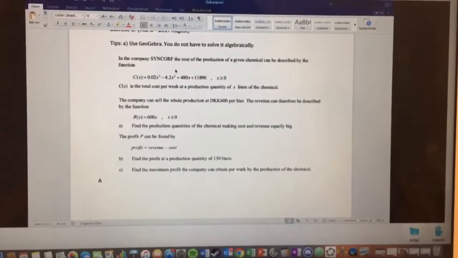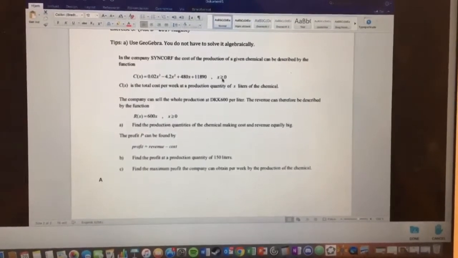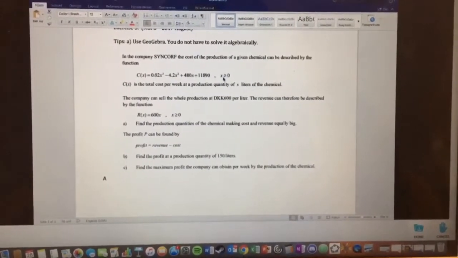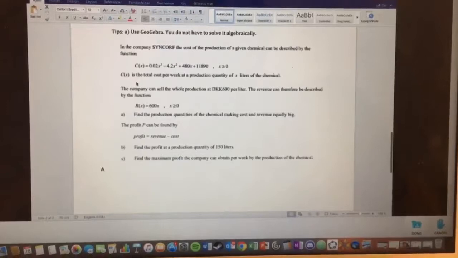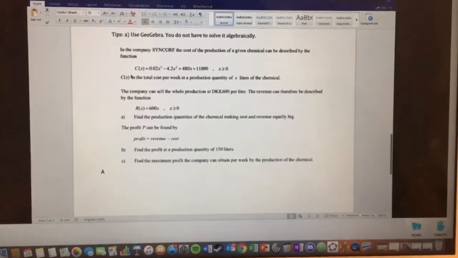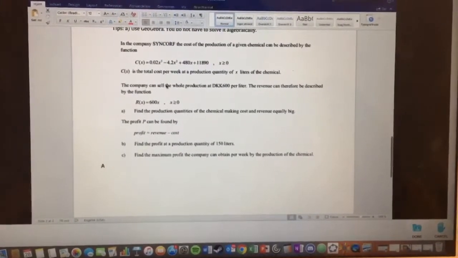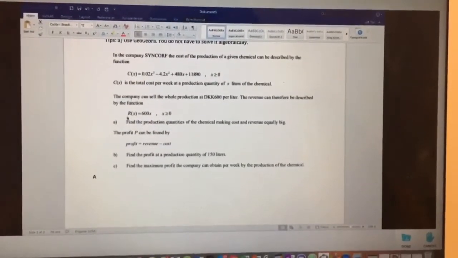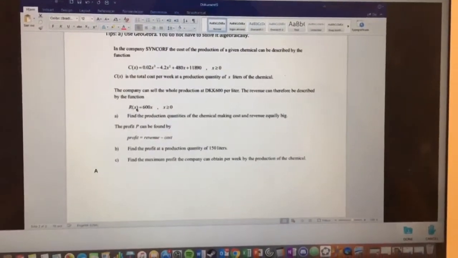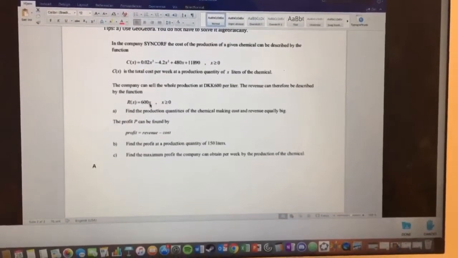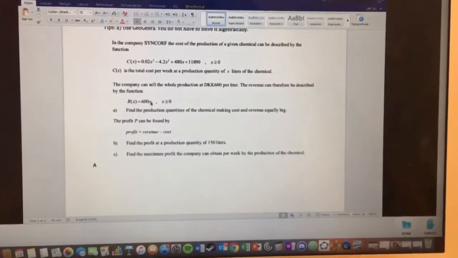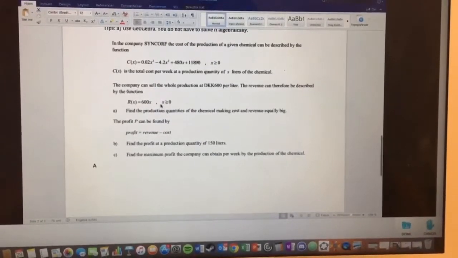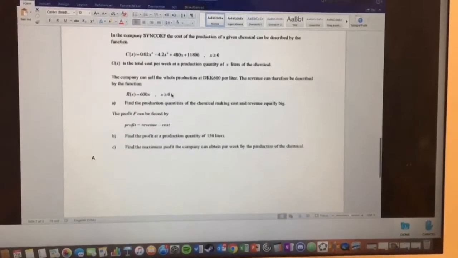So this is the cost formula, and of course they have to produce more than 0 units, and this is per week in liters. And the company can sell their product for 600 kroner per liter. So here down we see the revenue formula. Here we see that for every liter they produce, they get 600, and they have to produce more than 0. They cannot produce minus.